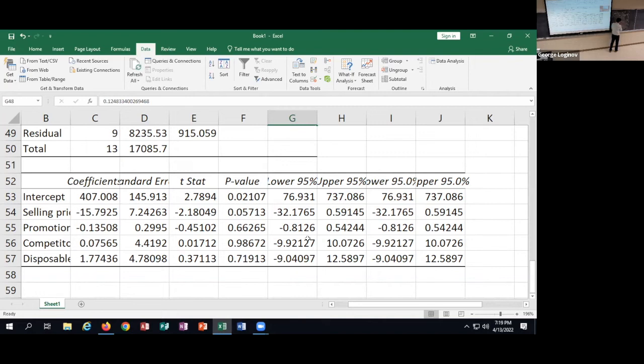We don't know if it's true or not, because we don't know the true values. But the model says this is not impossible. And because this is not impossible, this is a bad model, because it says potentially there is no relationship between the variables we're trying to use to explain the relationship and the variable sales. So that's bad news.